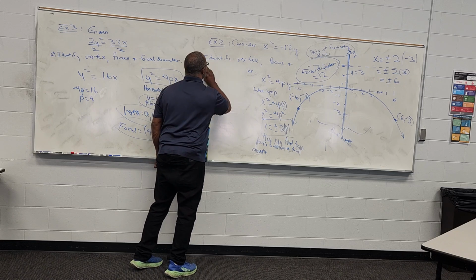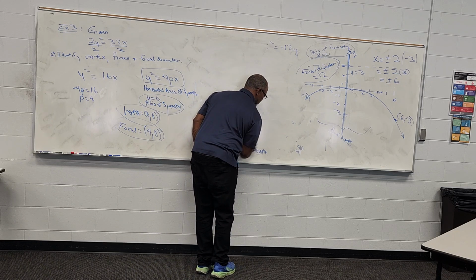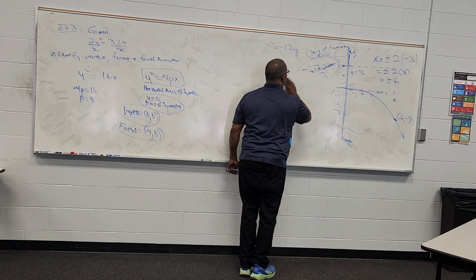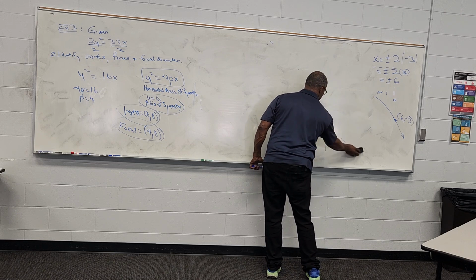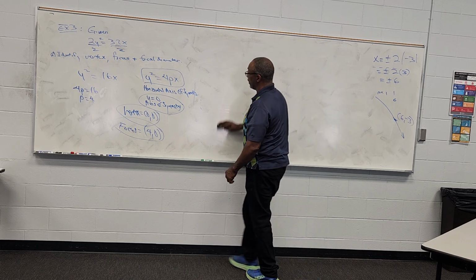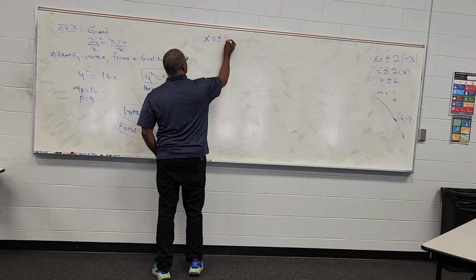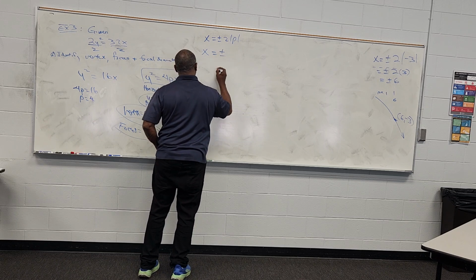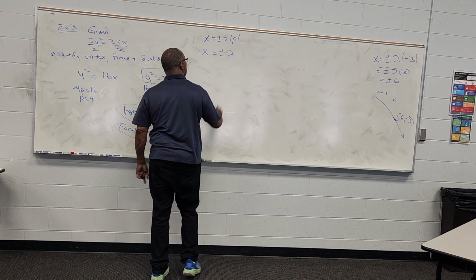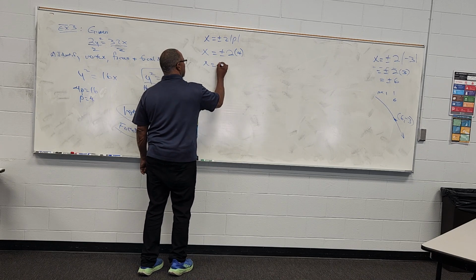Next thing is the focal diameter. To calculate the focal diameter, we said x equals plus or minus 2 times the absolute value of p. P is 4, so x is plus or minus 8.